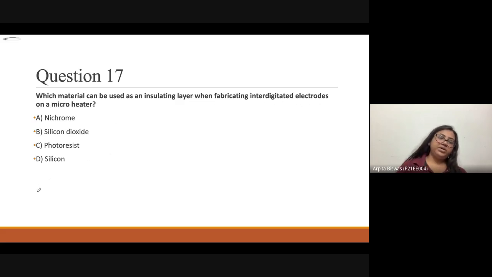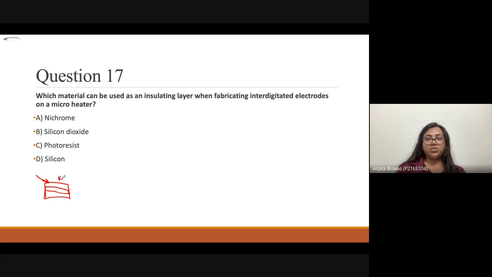If we go through the lecture, you can see there is a silicon, then silicon dioxide, and after that there is the nichrome heater. Okay, and after the nichrome heater, if we want to deposit the electrode, then we directly deposit this electrode on the nichrome heater, because both of the materials are metal. So there is a chance that the electrode and the nichrome heater can be shorted.